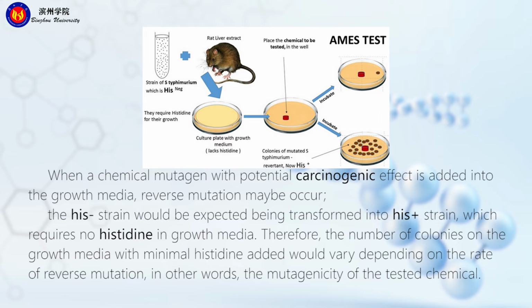Therefore, the number of colonies on the growth media with minimal histidine added would vary depending on the rate of reverse mutation. In other words, the mutagenicity of the tested chemical.